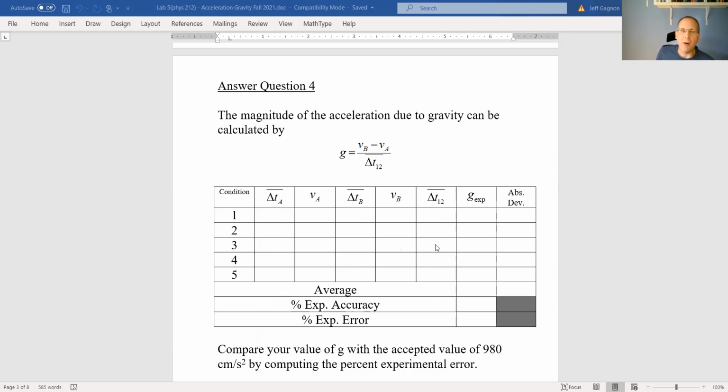All right, now in order to compute G, we need to know the velocity at photogate A and photogate B. So how do we get that velocity? We're gonna estimate it by using this information. We remember delta TA is the time it takes the diameter of the ball just to pass through photogate A. And delta TB is the time it takes the diameter of the ball just to pass through photogate B. And we know the diameter.